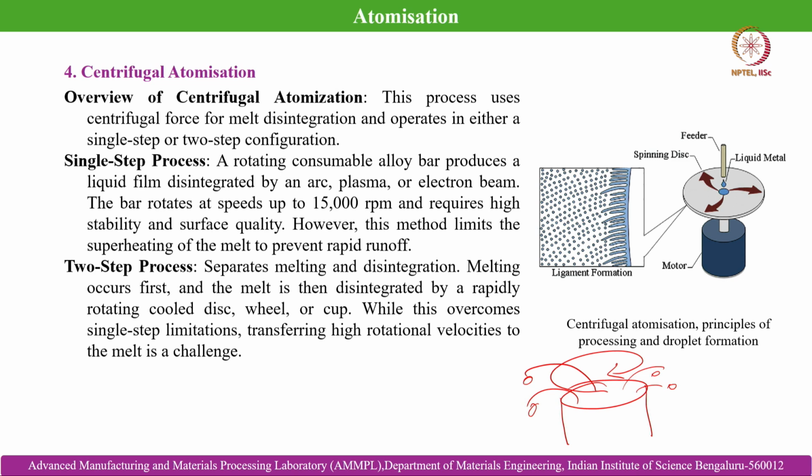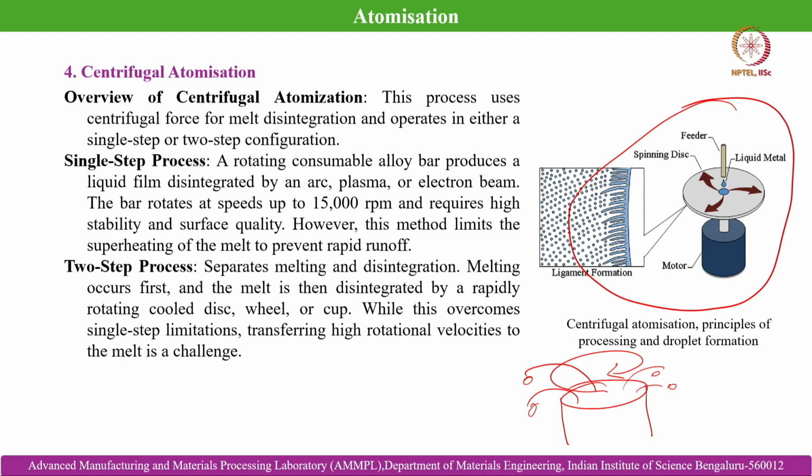it separates out the melting and the disintegration processes. Melting happens first and then the melt is disintegrated by a rapidly rotating cool disc, as shown over here. This is a typical two step centrifugal atomization technique. While this overcomes single step process limitations, transferring high rotational velocities to the melt is a challenge.